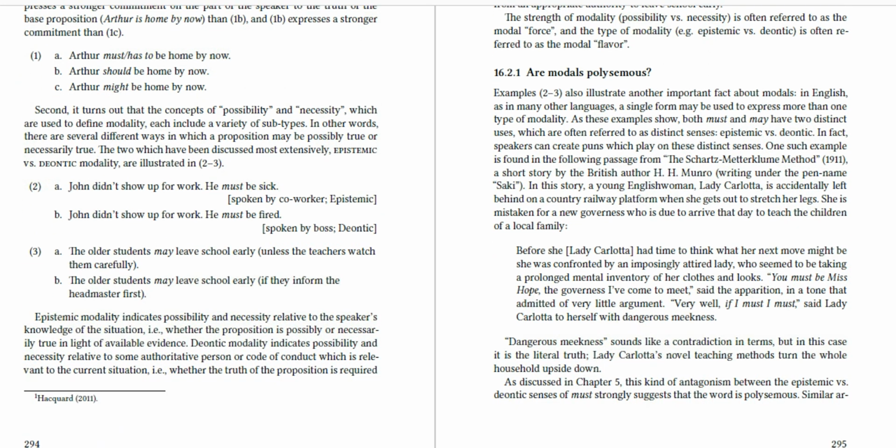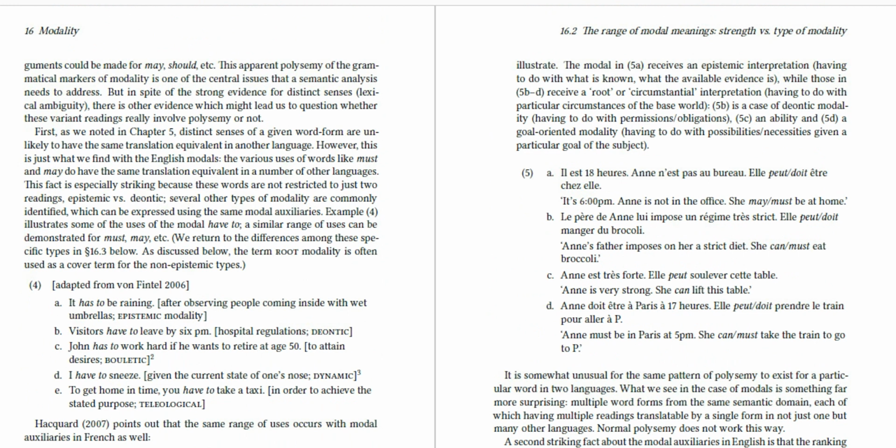Okay, so the case that we are also looking at, we have another example. We have a term, root modality, which is often used as a cover term for non-epistemic. Why do we mention non-epistemic here? We take the sentence, it has to be raining, said after observing people coming inside with wet umbrellas.